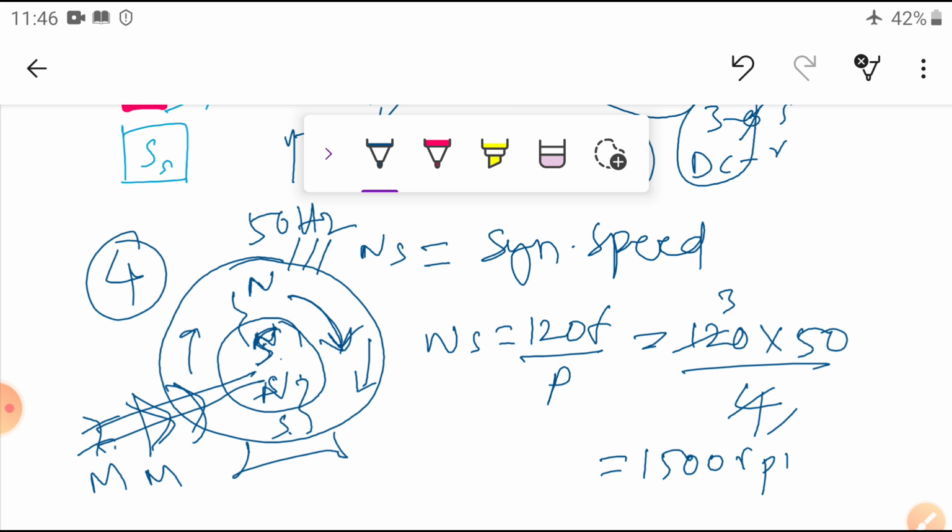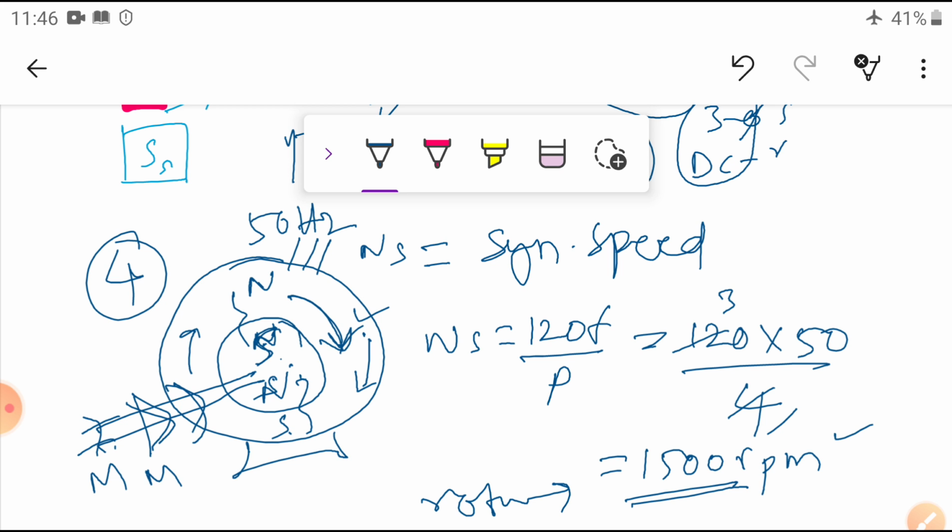It is rotating in the air gap as a rotating magnetic field, and at the same speed the rotor is interlocked with this magnetic field. The rotor also rotates in the same direction at 1500 RPM, so now stator and rotor are interlocked.